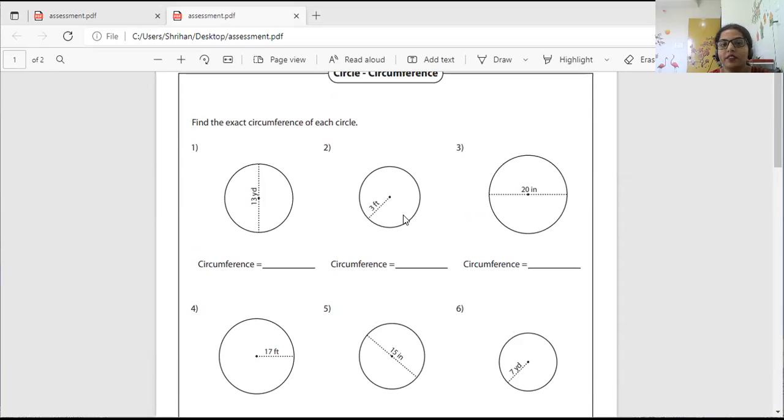I have given the value of diameter or radius. For example, in the first question the diameter is given, and in the second question the radius is given. If diameter is given, you have to use pi d, which is pi into diameter. If you are given the value of radius, then you can use the formula 2 pi r, right? So now your time starts.